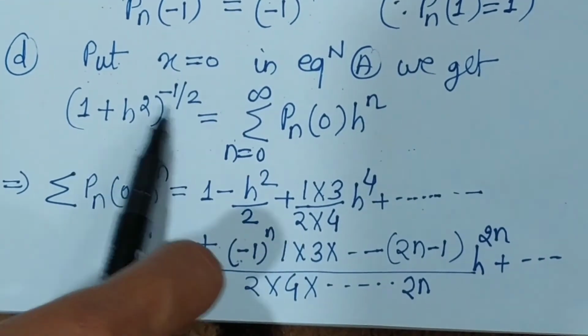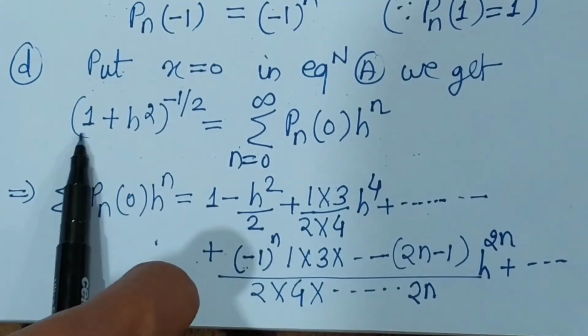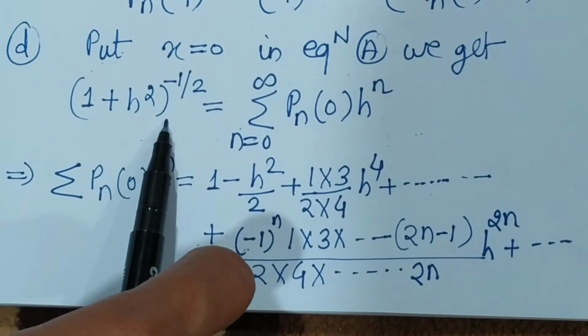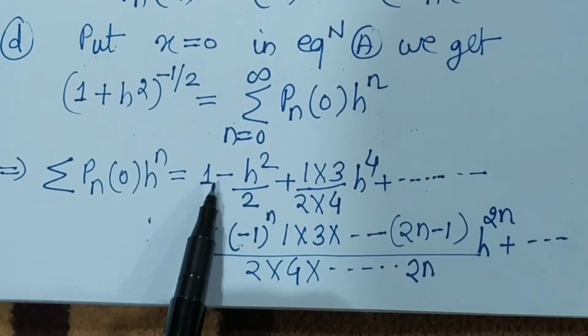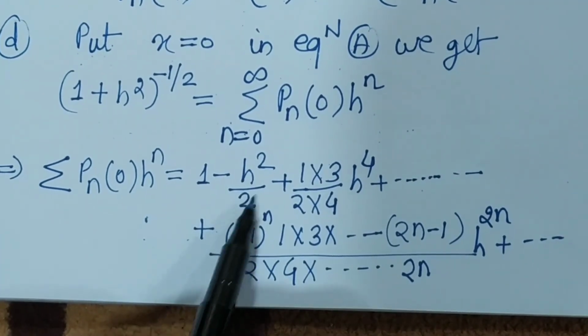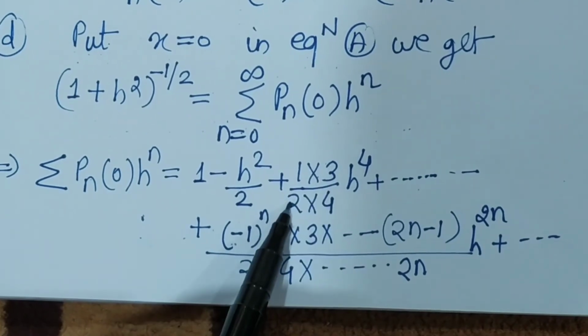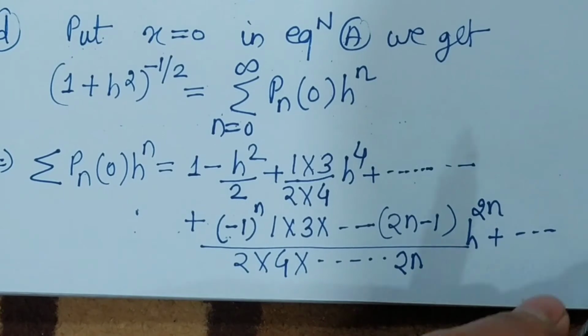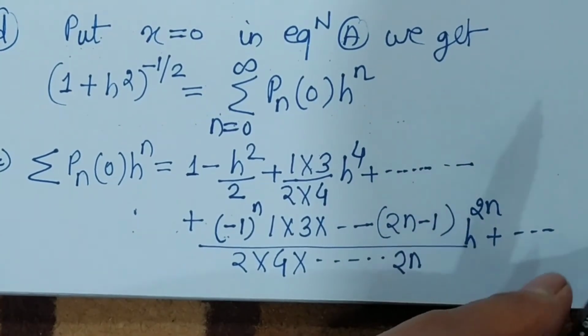Now expand this by making use of binomial expansion, or the formula which we have discussed before taking this example. So it is 1 minus h square by 2 plus 1 into 3 upon 2 into 4, h to the power 4 and so on, like this. We have the nth term of this.